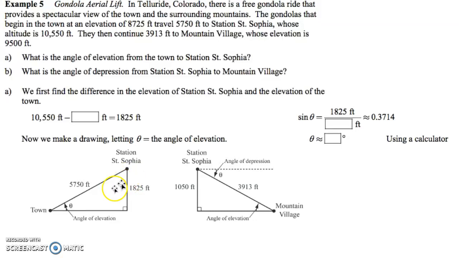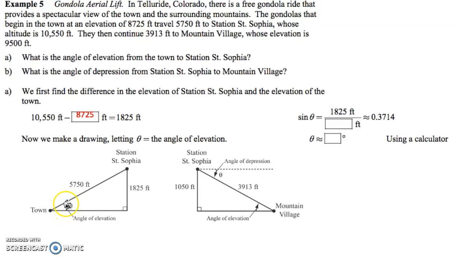We do know that town is at an elevation of 8,725 feet. So the elevation difference between town and St. Sophia is 1,825 feet. It's asking us to find the angle of elevation from town to St. Sophia, as we're looking up at St. Sophia. What is that angle of elevation?